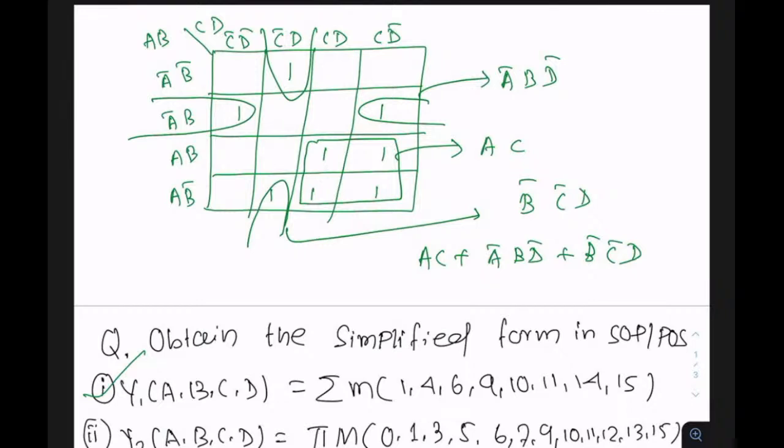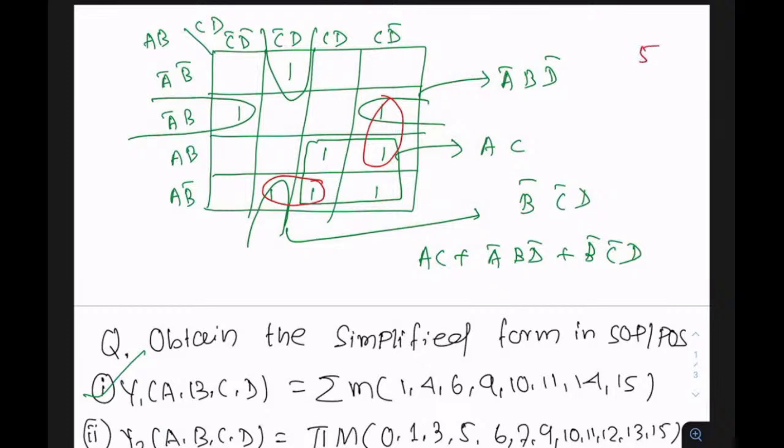If I check for possibilities, I can have a group like this. This is one group possible, of course a redundant one. Anything else possible? I can have a group like this. Anything else is not possible. So the number of PI is 3 plus 2, that is 5.